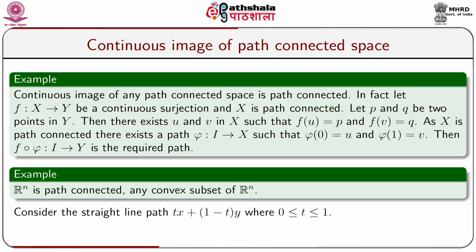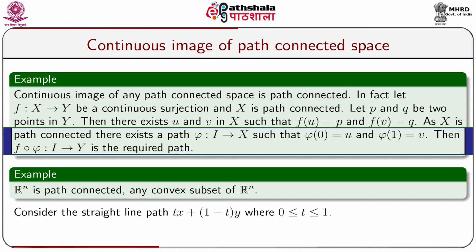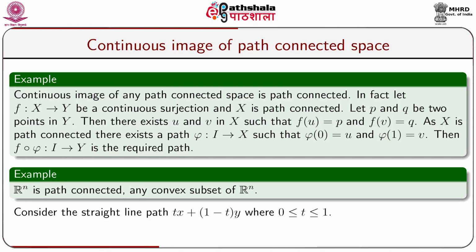Let P and Q be 2 points in Y. Then there exist 2 points u and v in X such that f(u) = P and f(v) = Q. As X is path connected, there exists a continuous function phi from the closed unit interval [0,1] to X such that phi(0) = u and phi(1) = v.